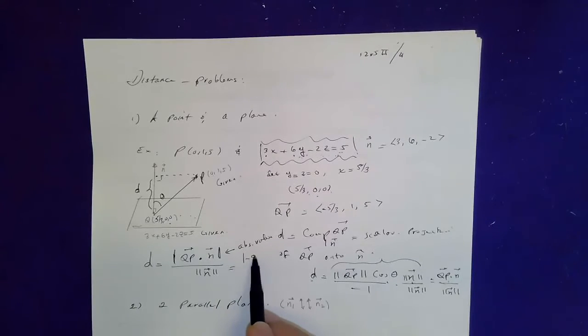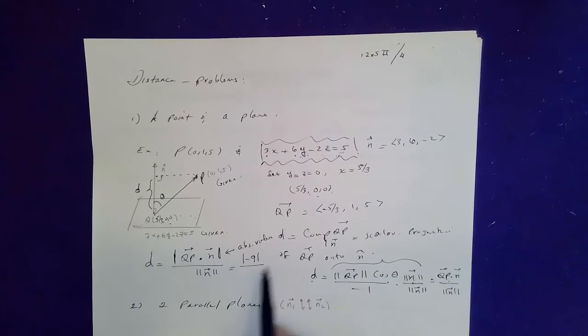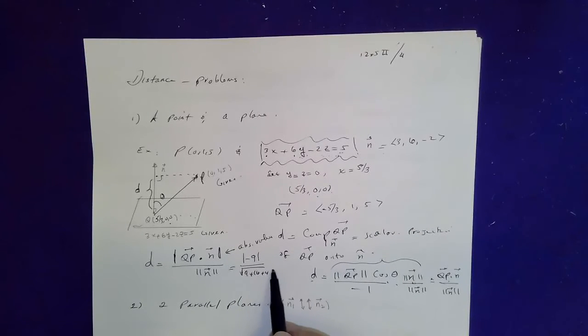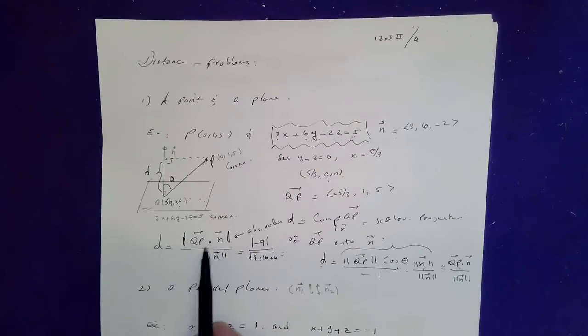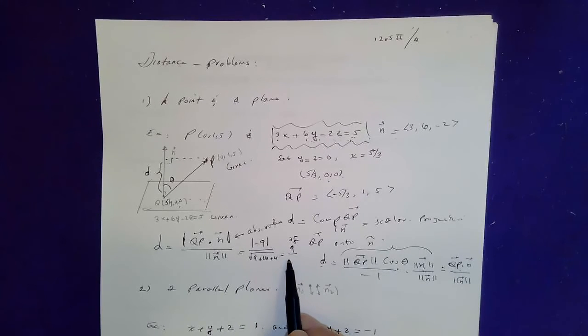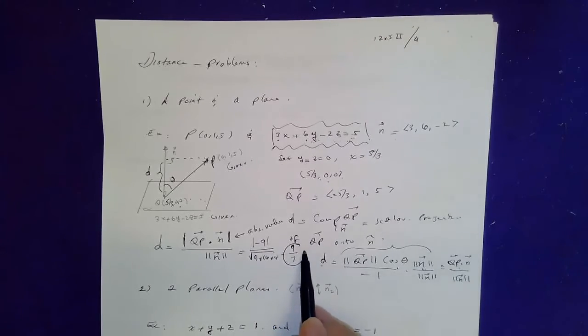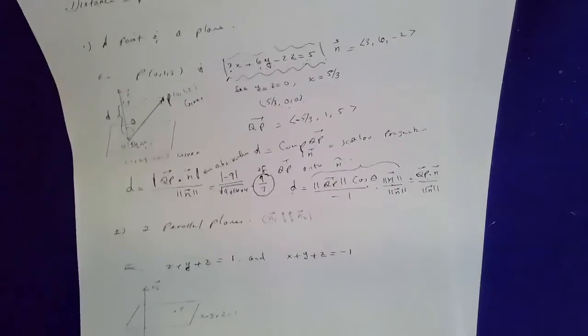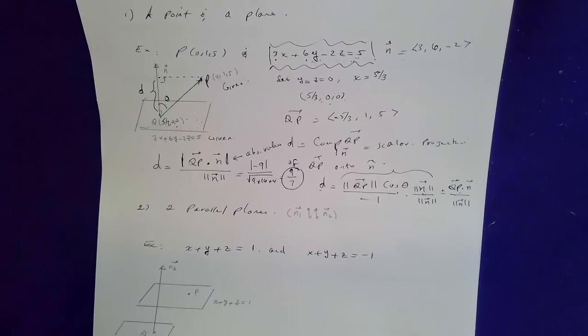Believe it or not, I came up with -9, and then the magnitude of N, I came up with the square root of 9 plus 16 plus 4. But remember, this is distance. Make sure you take the absolute value of the dot product. So it comes up to -9, but the absolute value of -9 is 9. And I believe this is the square root of 49, which is 7. So the distance is 9/7. Notice the distance always, rain or shine, has to come up as a positive answer.